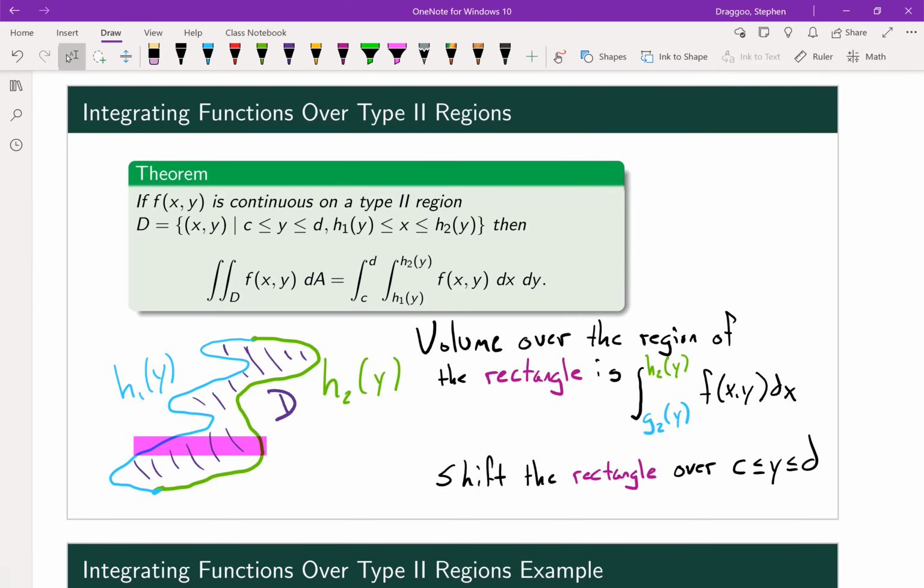Just like we looked at with the x integral, this time we're going to have a volume of the region that's over that magenta rectangle, and its integral is equal to the integral of the function with respect to x between two bounds of y. And then we're going to shift the rectangle from bottom to top, covering all y values from c to d.